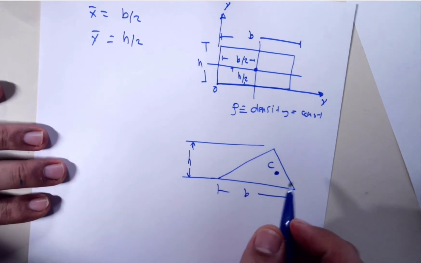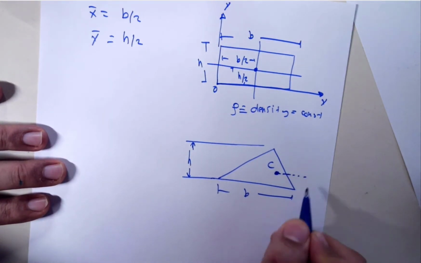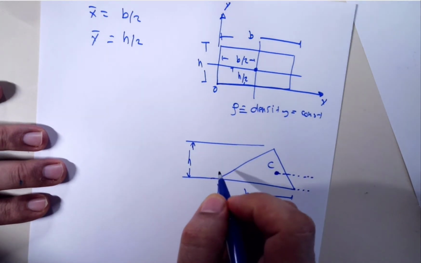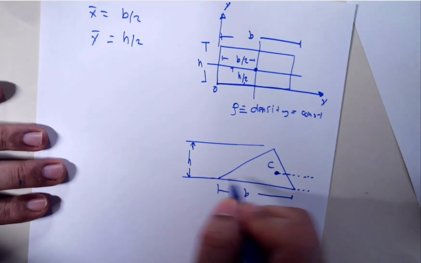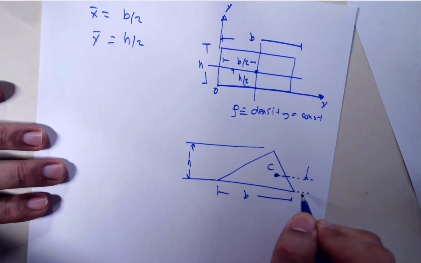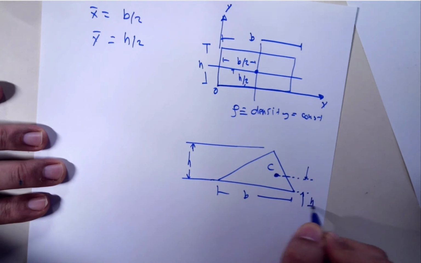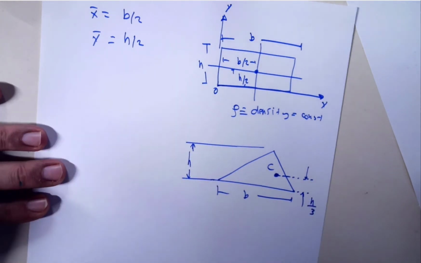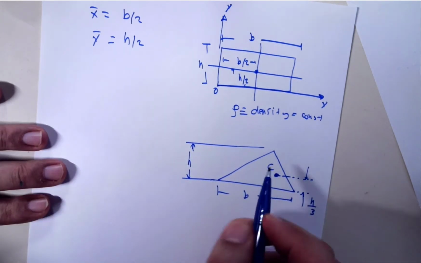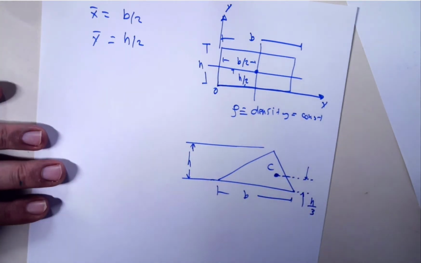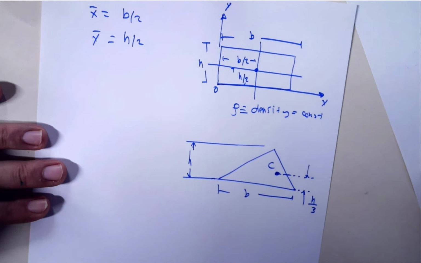In fact, you will find out that if we assume this to be our height, the location is going to be equal to H over 3, but definitely the location in either axis has to be determined using the formula.